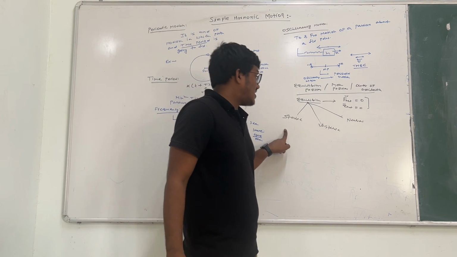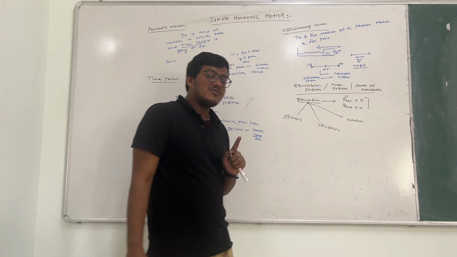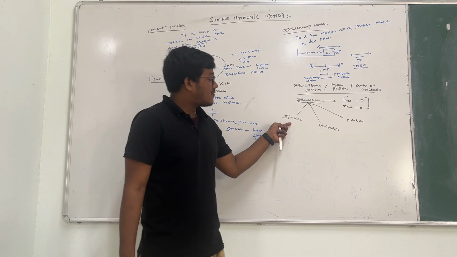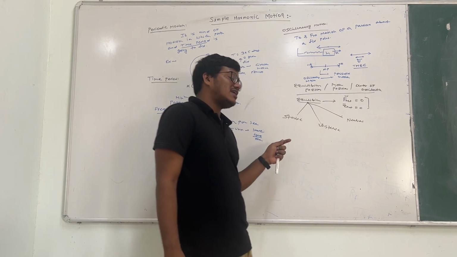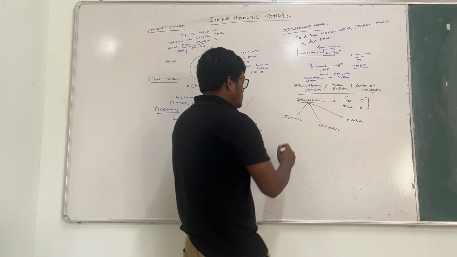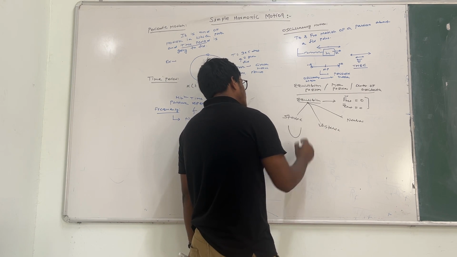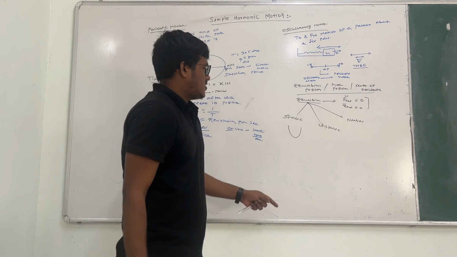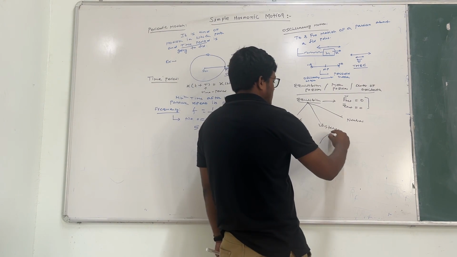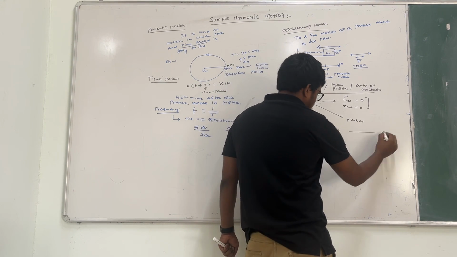Our main focus is that the particle is going to perform oscillating motion only when we displace it from a stable equilibrium. You know the plot of this condition. If the particle is in stable equilibrium, you have this kind of plot. If it is unstable, it is some other kind of plot. If it is neutral, it is like this.